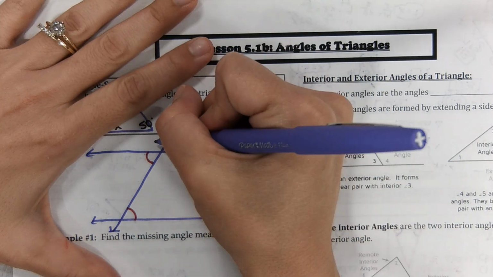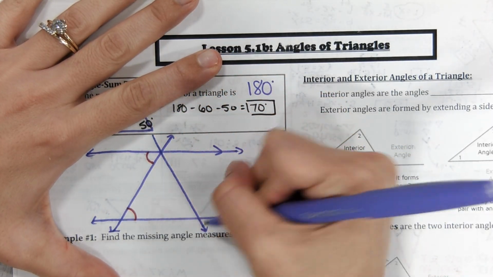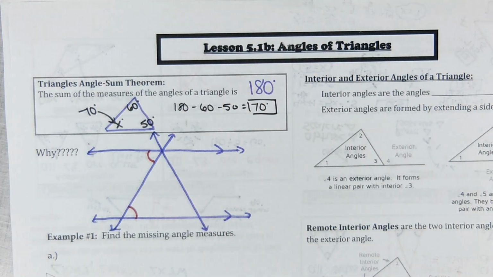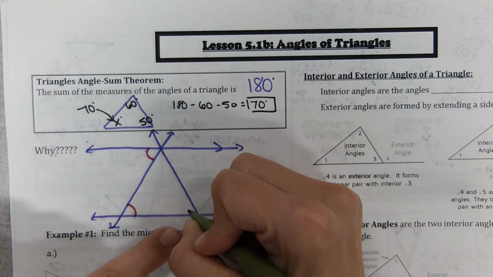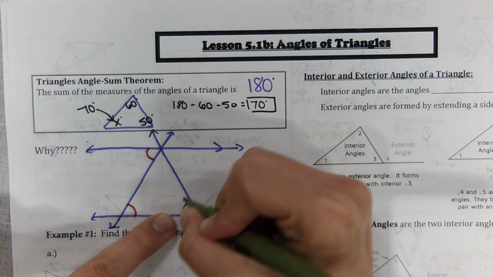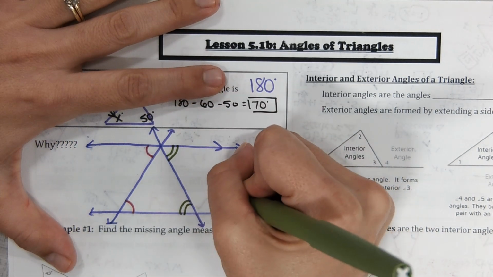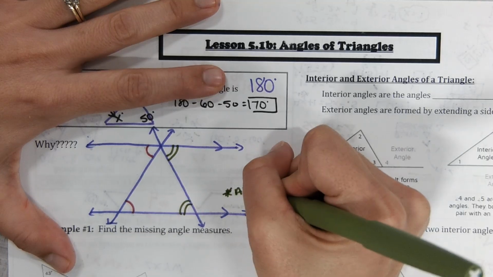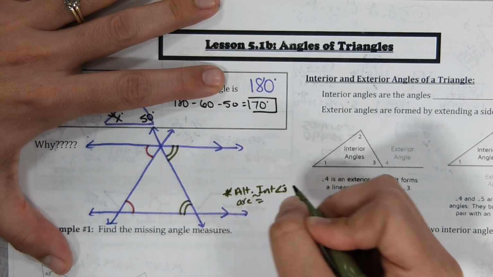Okay, and then we're going to draw another transversal that intersects right at that point, like this, to make a triangle. Okay, so these two angles are equal, and then alternate interior angles over here are equal. So alternate interior angles are congruent.